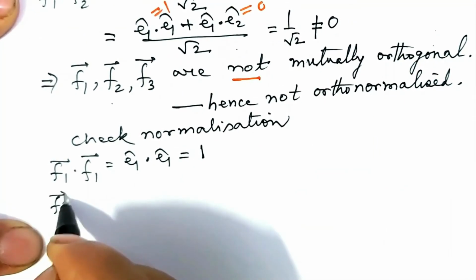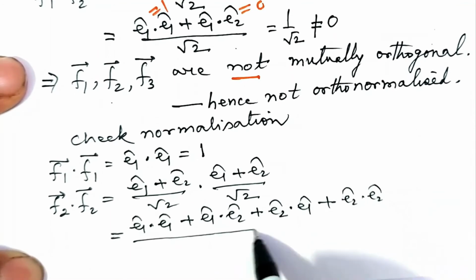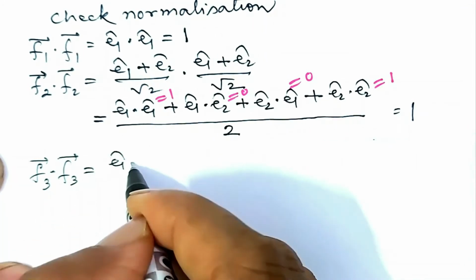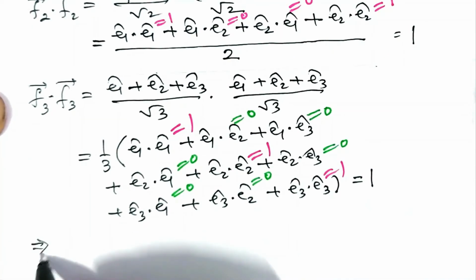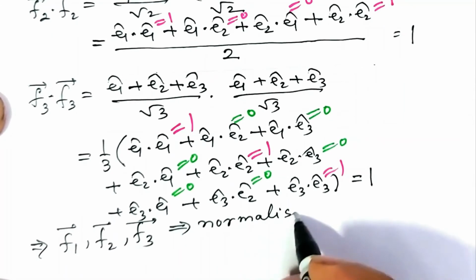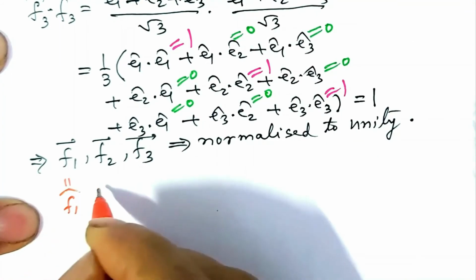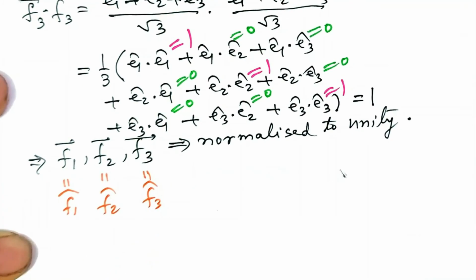Vector f2 dot vector f2 is 1. Vector f3 dot vector f3 is also 1. So vector f1, vector f2 and vector f3 are normalized to unity, and so we can rewrite them also as f1 cap, f2 cap, f3 cap respectively.